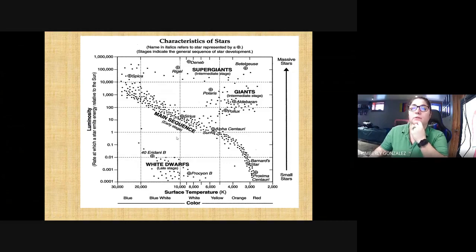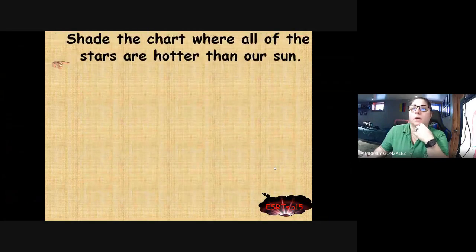These are the names of some popular ones that you're going to need to know how to identify on the regents. So we have Betelgeuse, which is up here. We have Rigel, which is here, Pollux, Alpha Centauri, and Proxima Centauri, which is the star that is closest to Earth.